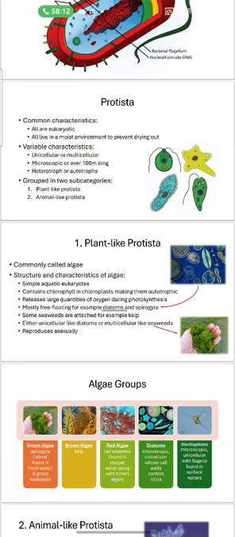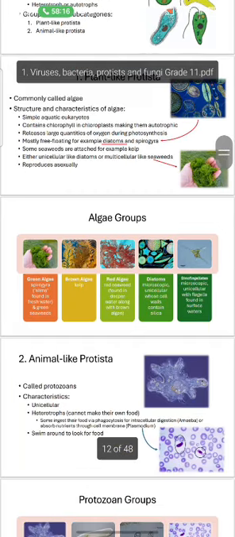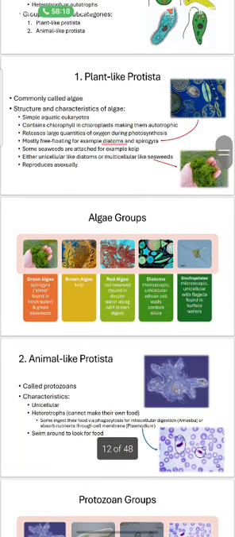Plant-like protista. So, commonly called algae. Structure and characteristics of algae include simple aquatic eukaryotes, contains chlorophyll in chloroplasts, making them autotrophic. Autotrophic is like when they produce their own food through energy and stuff.